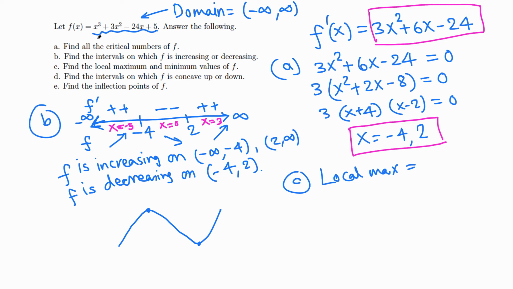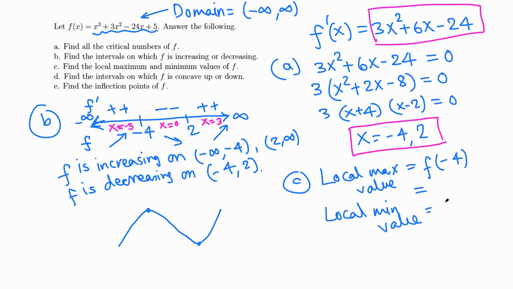So we plug in negative 4 here, that is f at negative 4. We use a calculator to get the local maximum value and local minimum value.